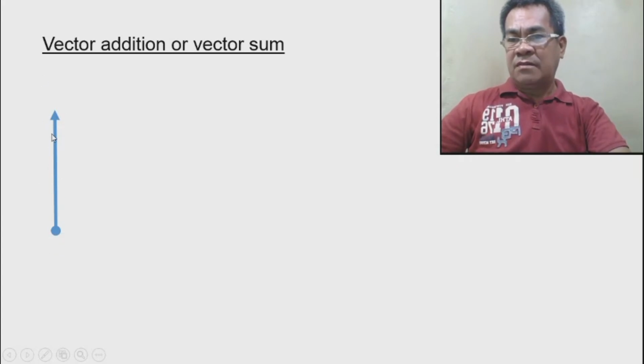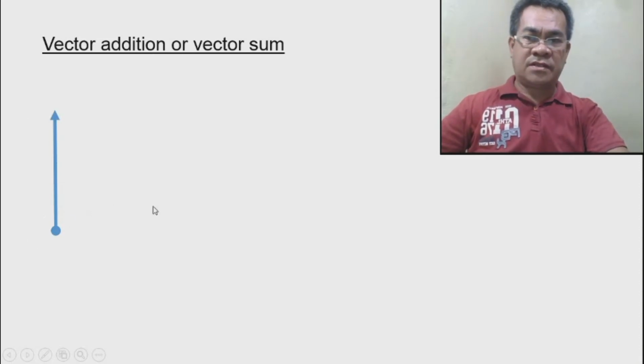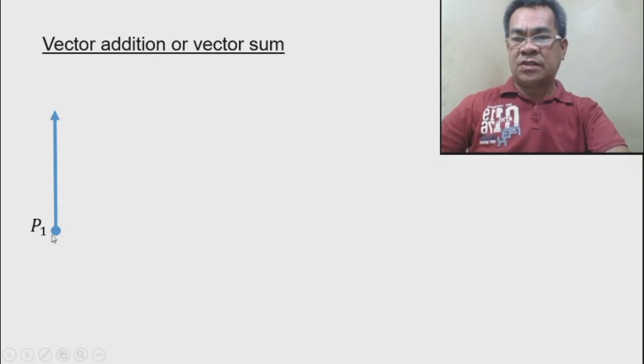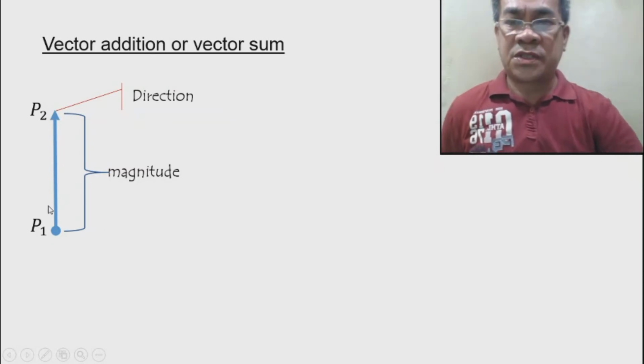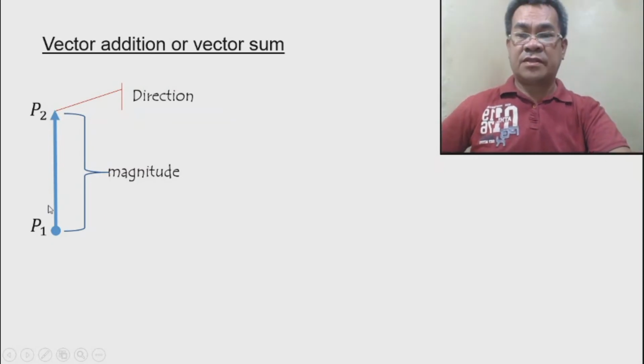The tail-to-tip distance is the magnitude of the vector. So this is the graphical presentation of a vector. If we have point 1 and this is point 2, the vector measures from point 1 to point 2. The length of that is the magnitude, and the arrow signifies direction.